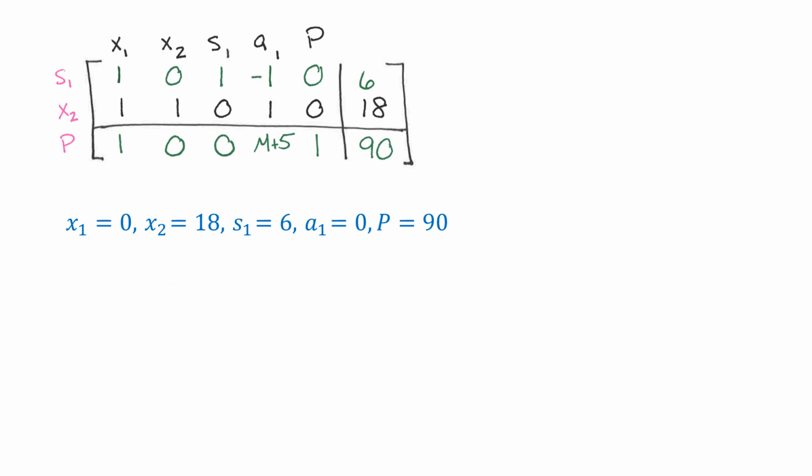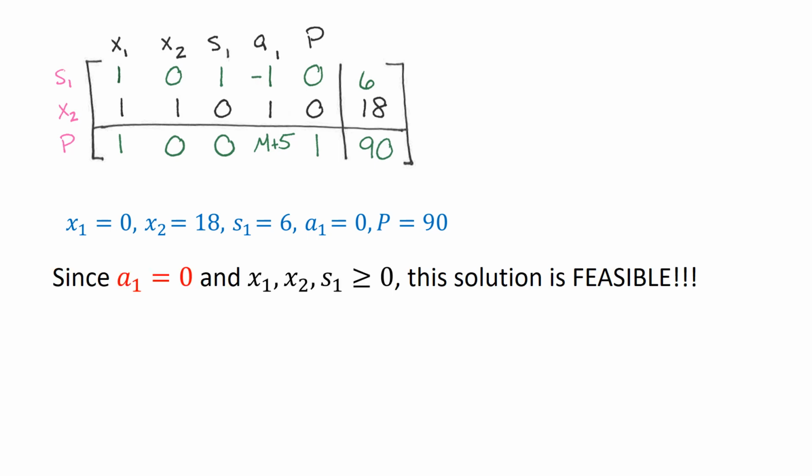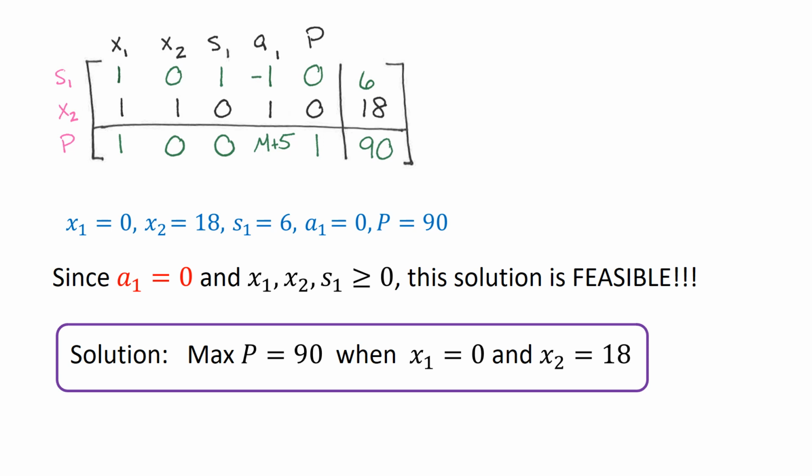So X1 has a value of 0, X2 is 18, S1 is 6, A1 is 0, and P is 90. So since my artificial variable is 0, my x's and my s's are non-negative, this is a feasible solution, so I can find the solution to the original problem using the variables x1, x2, and p. So I see that p reaches its maximum value of 90 when x1 is 0 and x2 is 18.